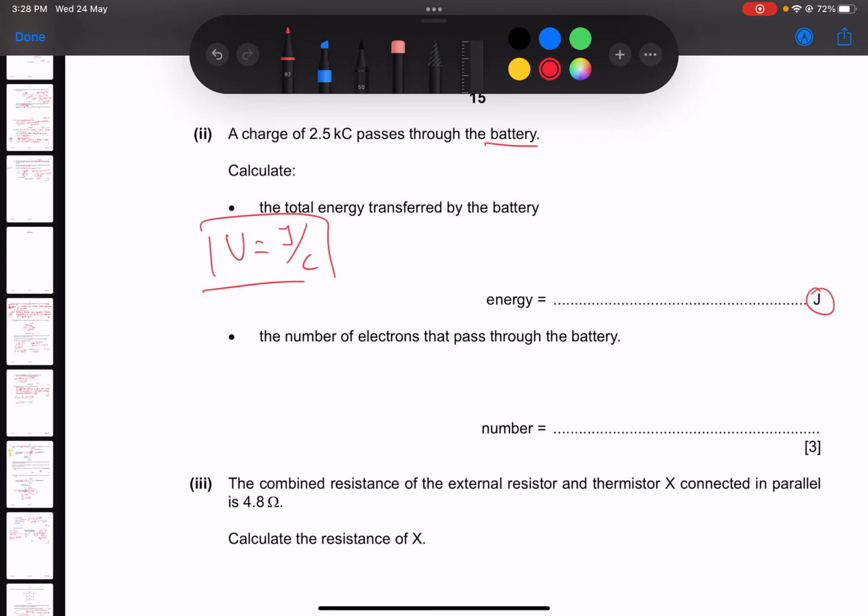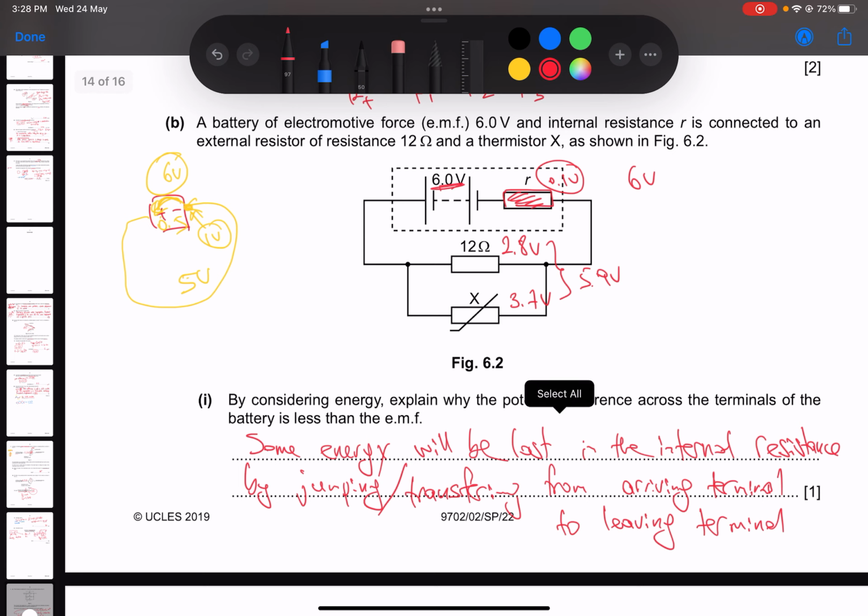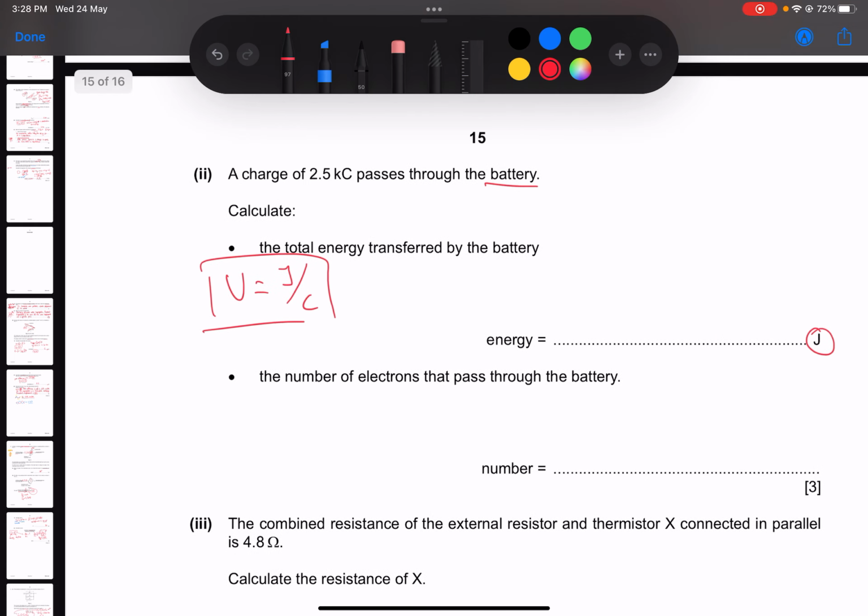How much energy in terms of joule is being spent on the battery? So the battery spends all 6 volt. EMF, it has 6 volt, right? For the battery we are talking about, so we will find the energy based on the 6 volt. So volt equals joule per coulomb, simply energy per Q, right? So 6 volt equals the energy we have to find over the charge. Coulomb is given as 2.5 kilocoulomb.